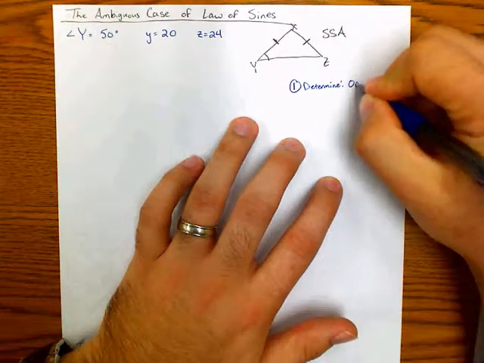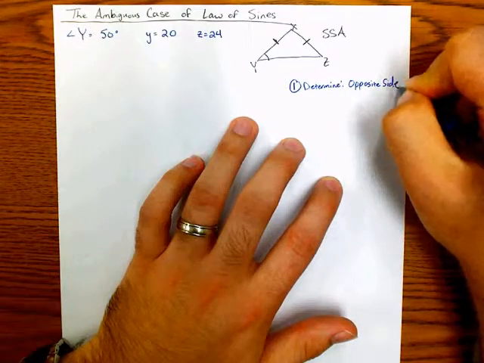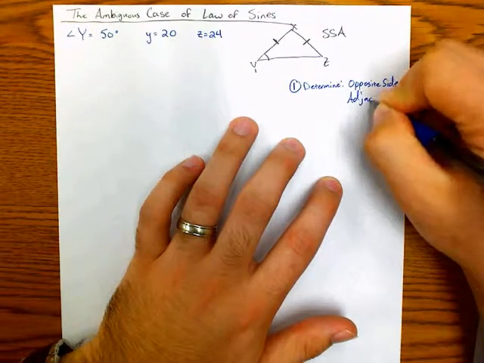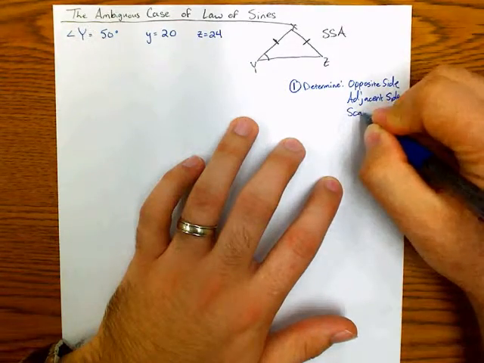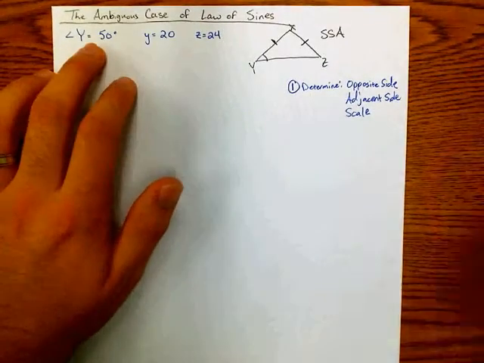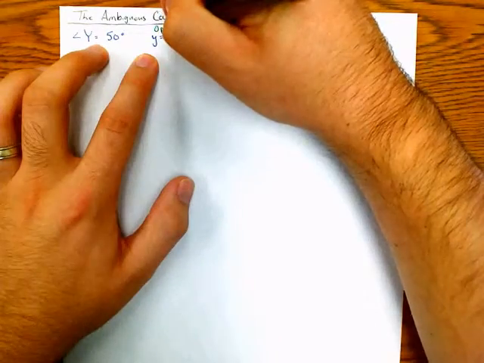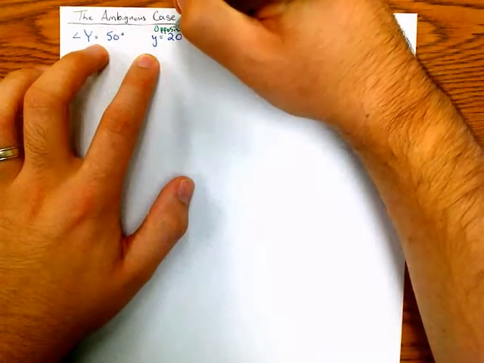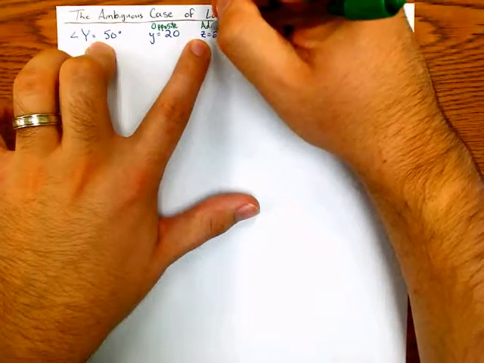You need to know which side is the opposite side, which side is the adjacent side, and then you need to pick a scale that works for both of those sides. So I have angle y, which means side y will be the opposite side, which means that side z will be the adjacent side.